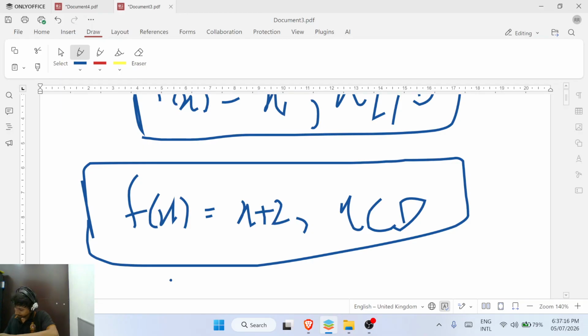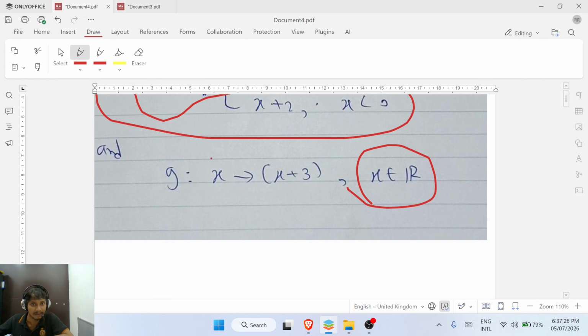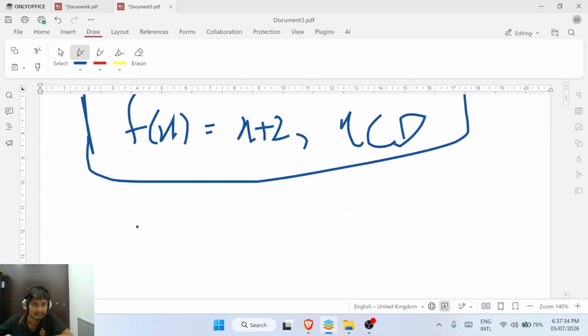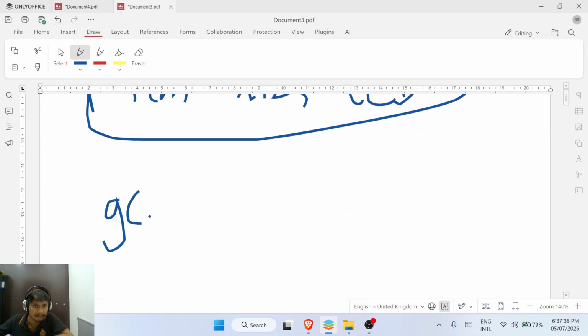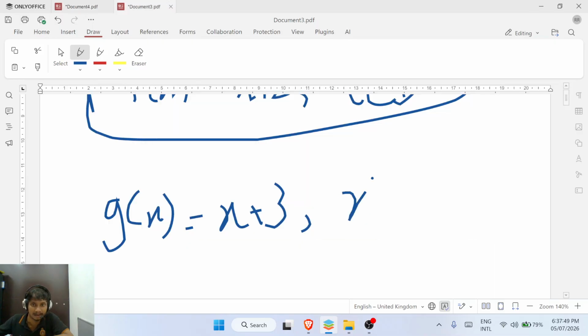Now how to write this? g of x is equal to x plus 3 when x is a real number, x belongs to the real number set.